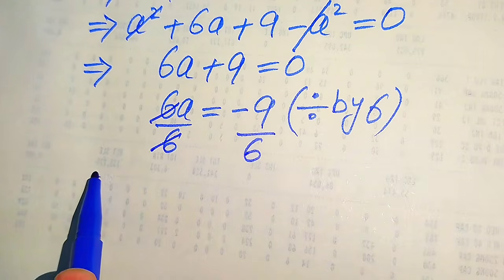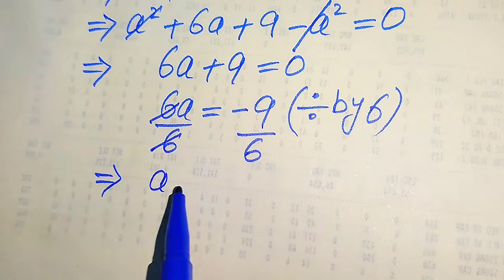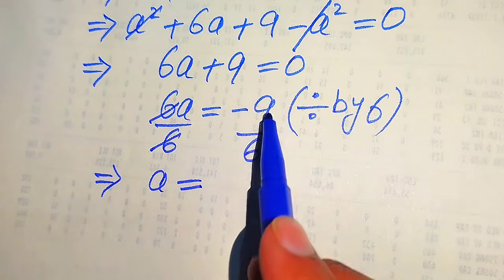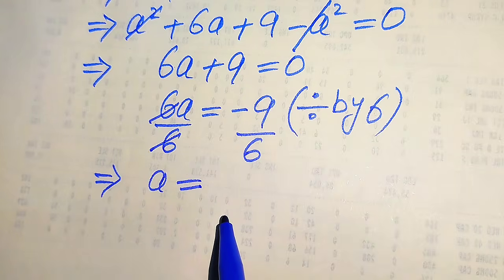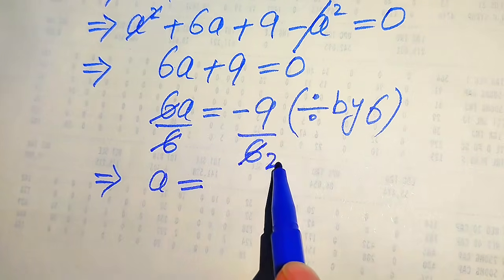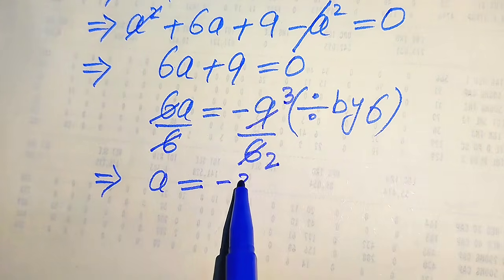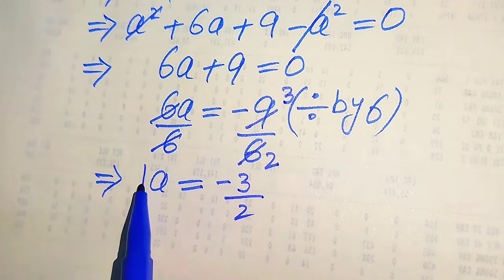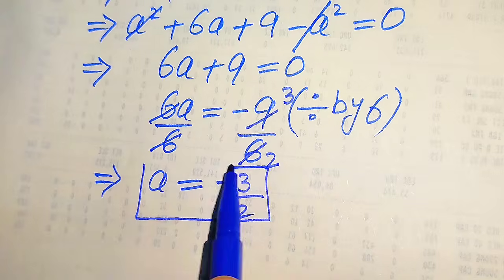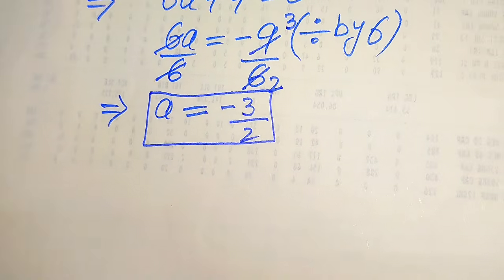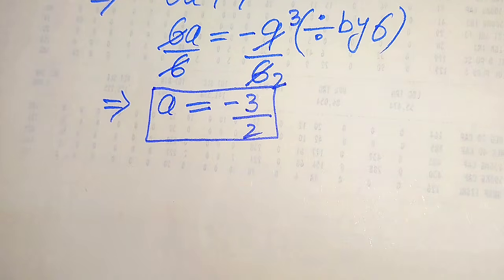The 6 and 6 are gone, and we get a is equal to, here we cancel both terms with the table of 3, so 3 times 2 becomes 6 and 3 times 3 becomes 9, and we get the value of a is equal to minus 3 over 2. This is the value of a which we get in the first method.